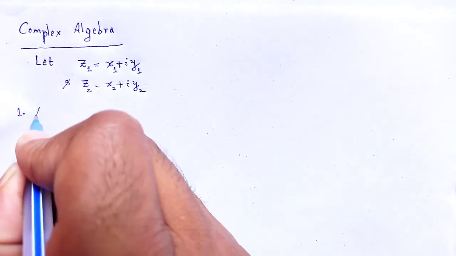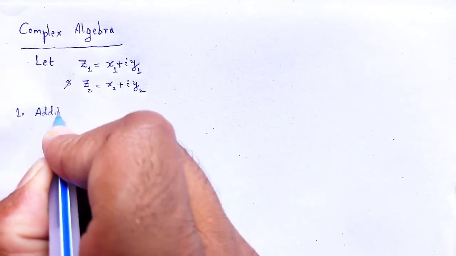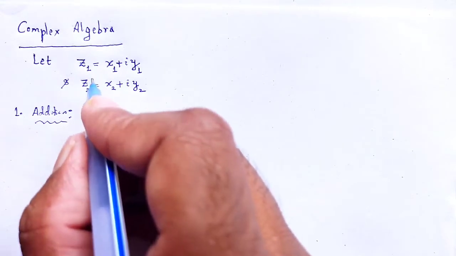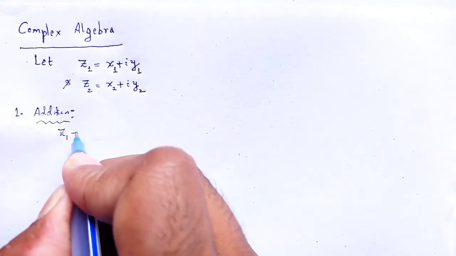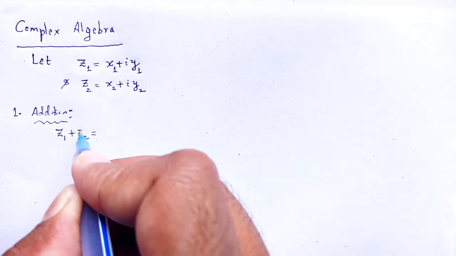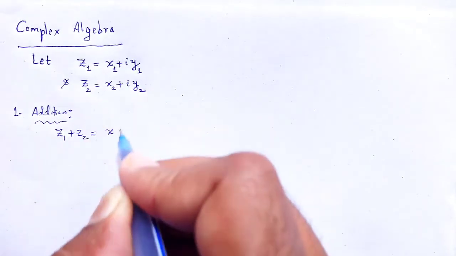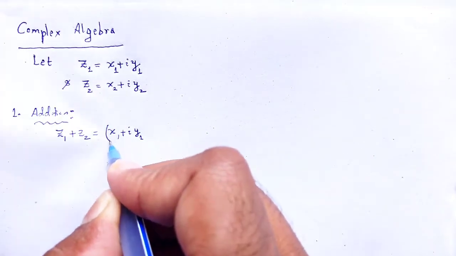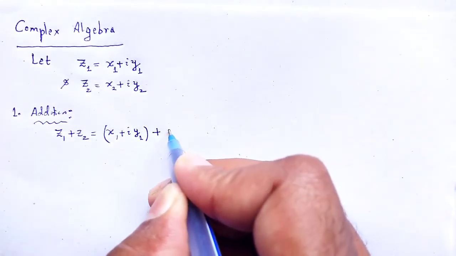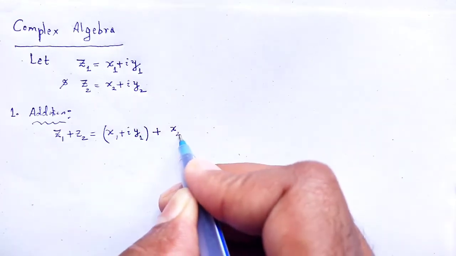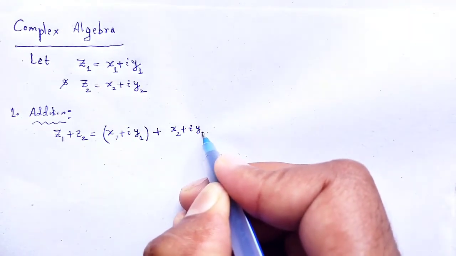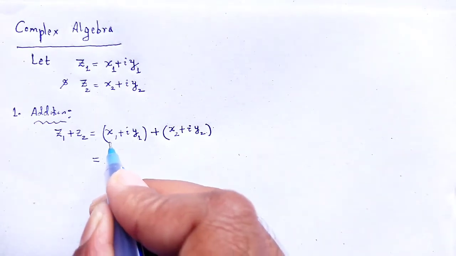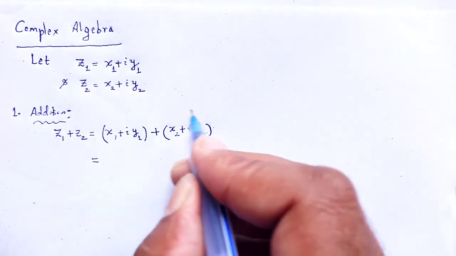First operation, addition. z1 plus z2. In place of z1, it is x1 plus iy1, plus z2, x2 plus iy2. Now, we have to combine the real parts and imaginary parts.